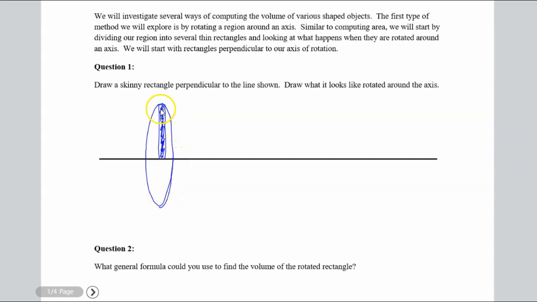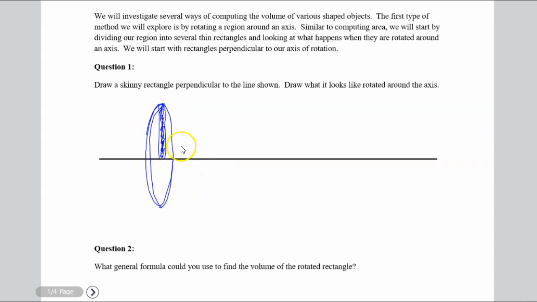So that's the idea. You can try to make these look 3D if you want, but the idea is that you're just going to get this flat circle right here. That's what it looks like when it's rotated around. It's just this flat, thin circle. Whatever the thickness of that rectangle was, that's how thick the circle is going to be.